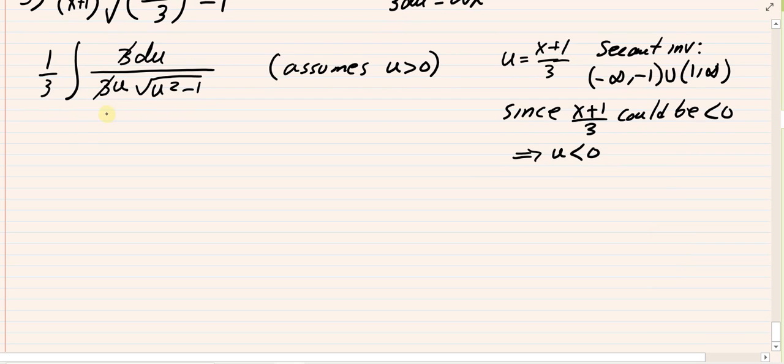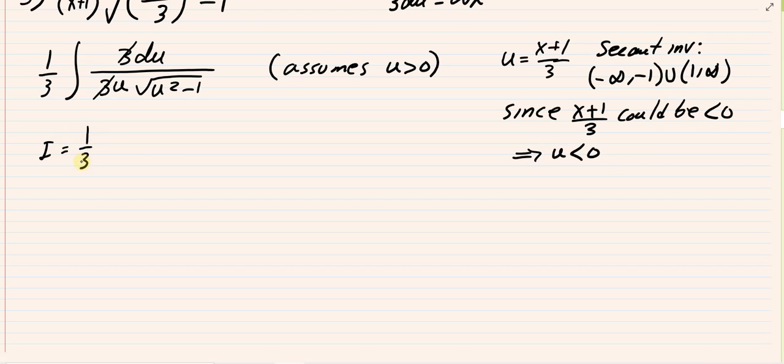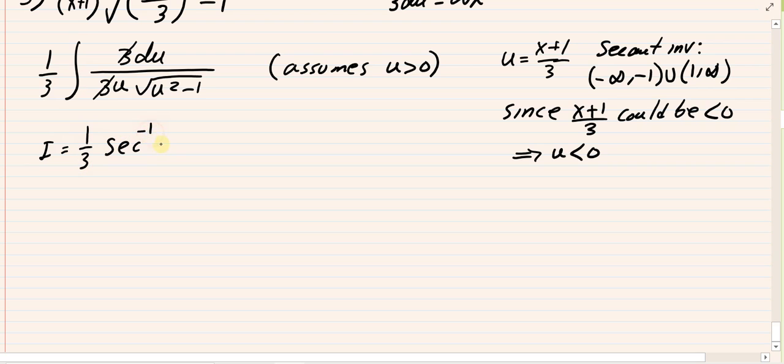Okay, so at this point I'm just going to write the integral is going to be 1/3 of secant inverse, and I'm going to put absolute value of u here. For this reason, it's because in the beginning we weren't told that x is positive. x could be within the domain, and that means it could assume negative values.